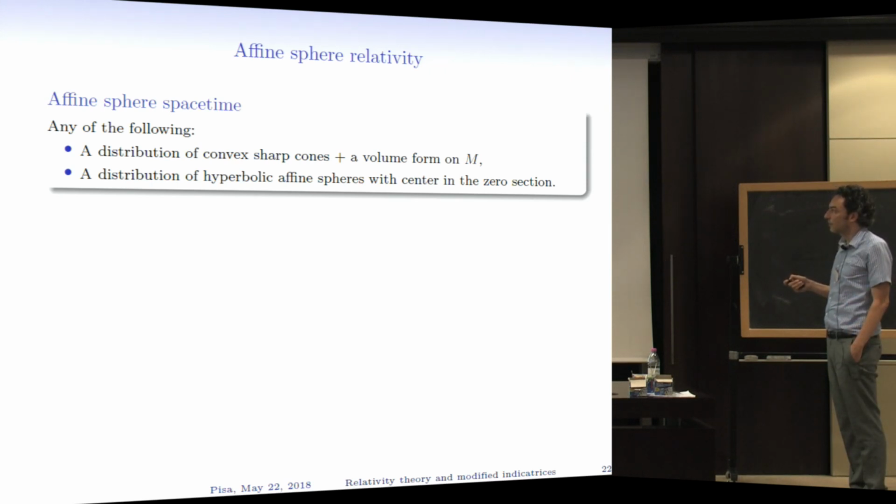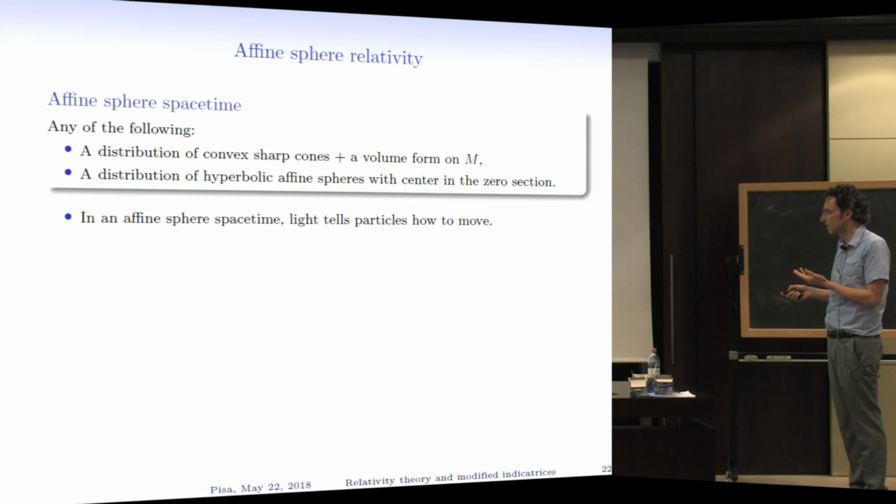And then from the cone and the translation invariant volume form, you get the affine spheres with affine mean curvature minus 1. Conversely, if you have an affine sphere, there is just one volume form for which the distribution of affine spheres has affine mean curvature equal to minus 1. So you get also a distribution of cones because they are asymptotic to the cones.